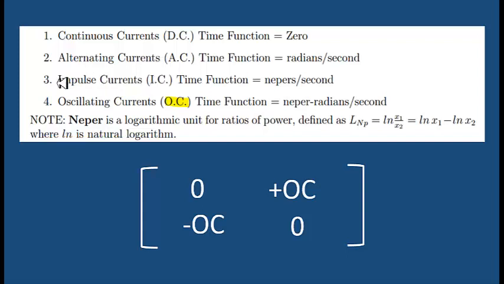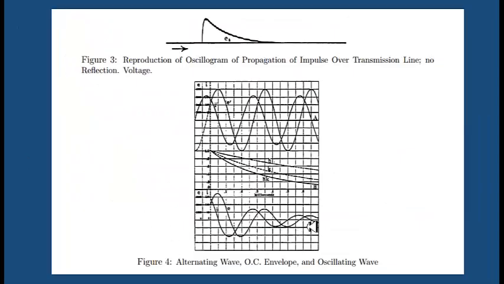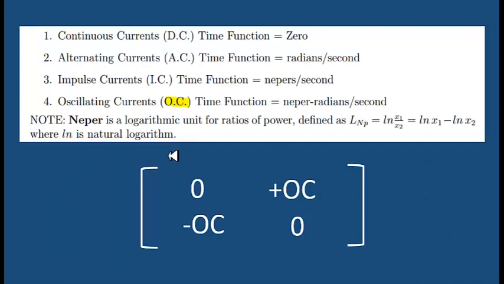You can create an oscillating current with an alternating current superimposed with an impulse current, as you can see here. An alternating current is a current that oscillates, but it also either expands or decays with time. So I'm not convinced that this is the right thing to do.